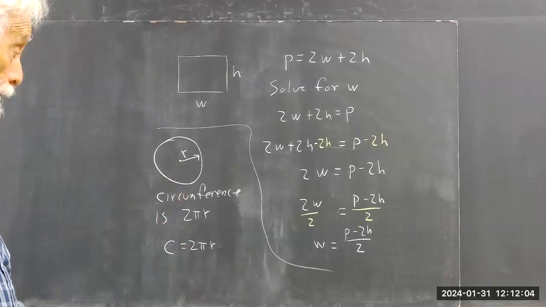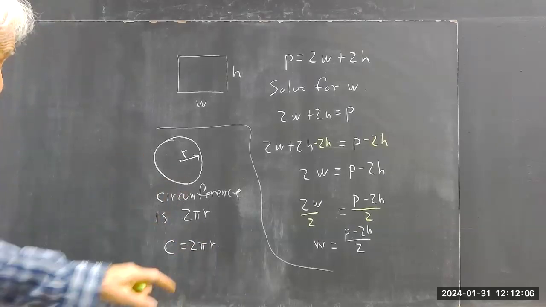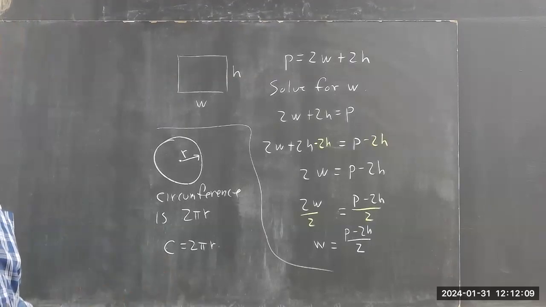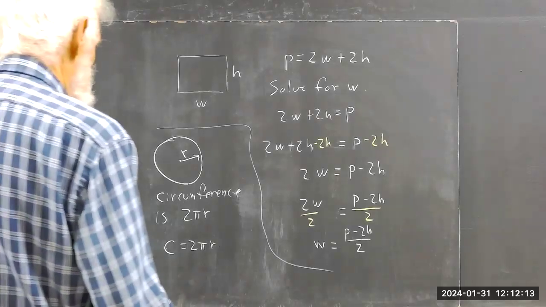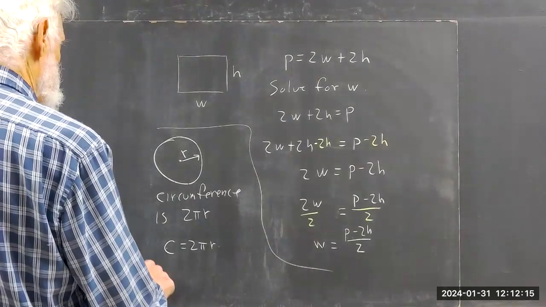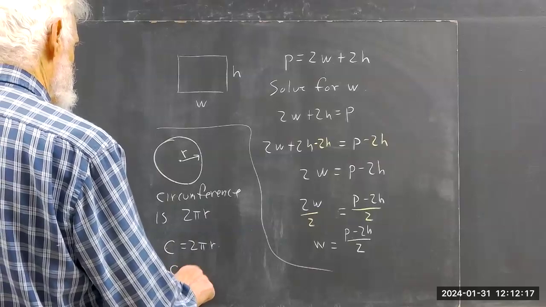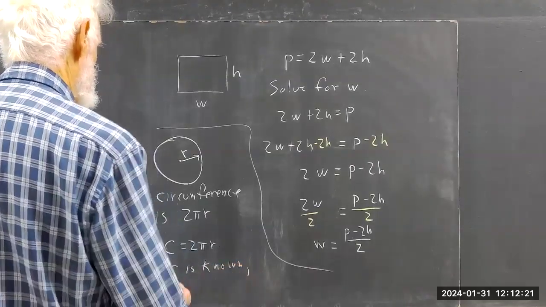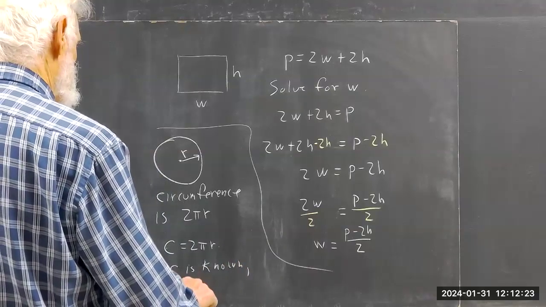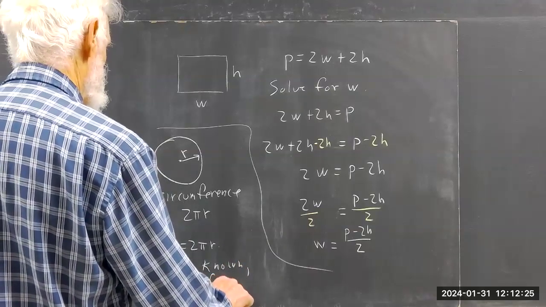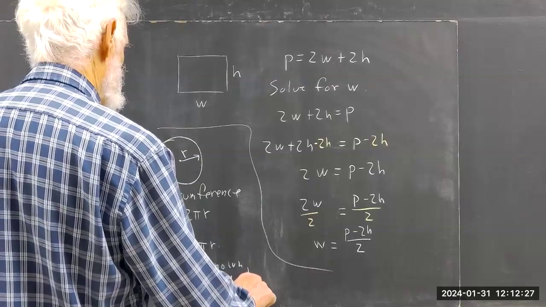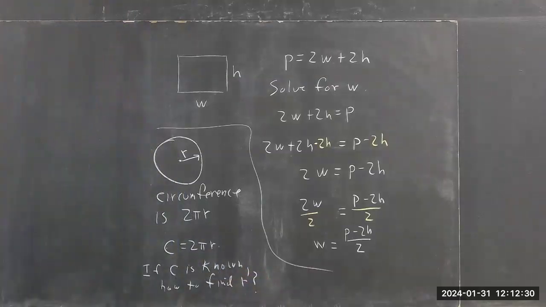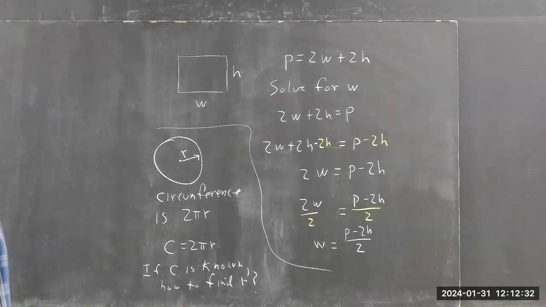So I've got this circular lake, and I know the circumference. How am I going to find the radius? How do I find R?